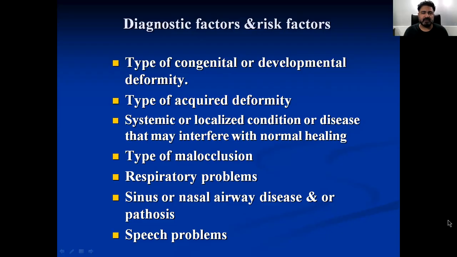Diagnostic factors and risk factors are the type of congenital or developmental deformity, the type of acquired deformity, systemic or localized condition or disease that may interfere with normal healing, type of malocclusion, respiratory problems, sinus or nasal airway disease or pathosis, and speech problems.